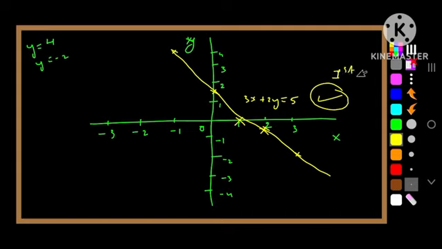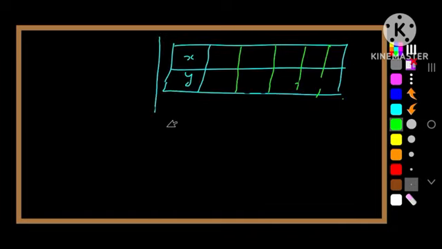Now similarly, you have to solve the second equation. So our second equation was, so now we will solve this equation. Our second equation is 2x minus 3y is equal to 7.